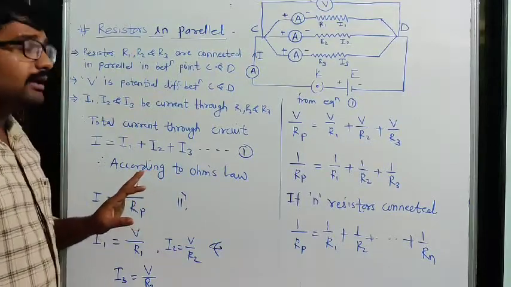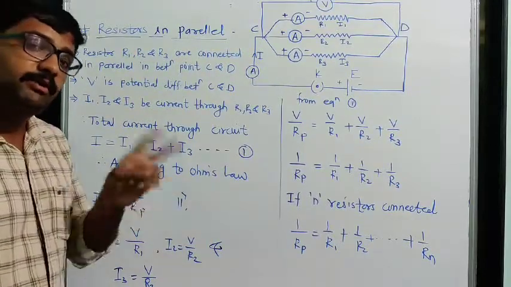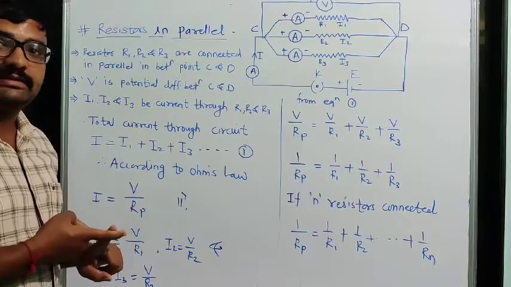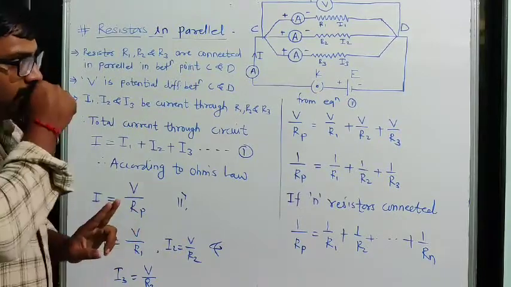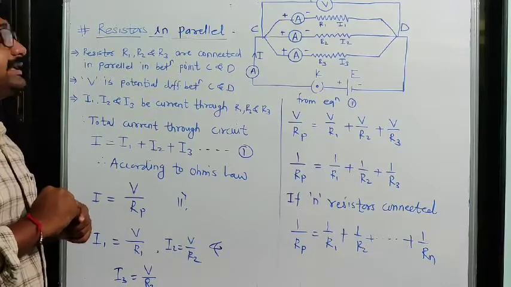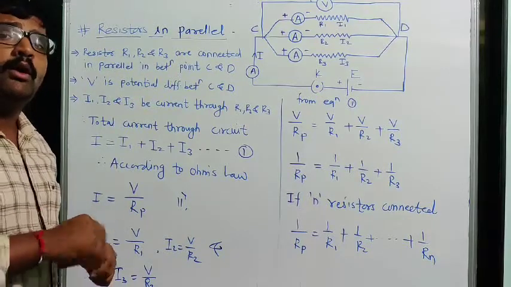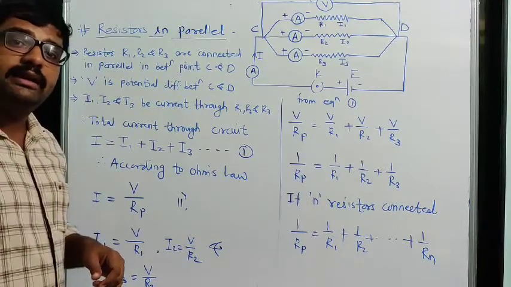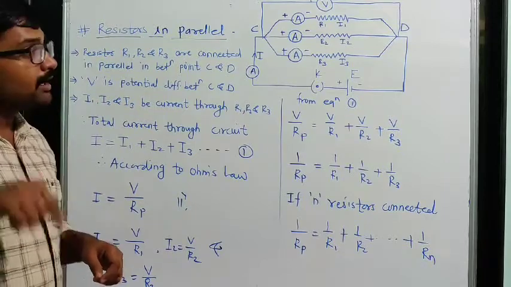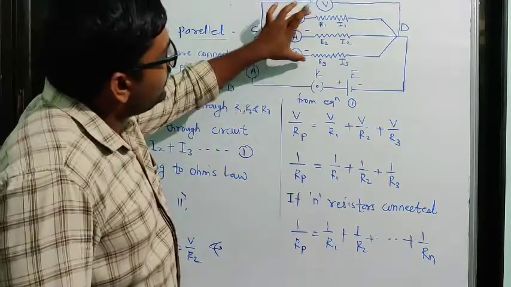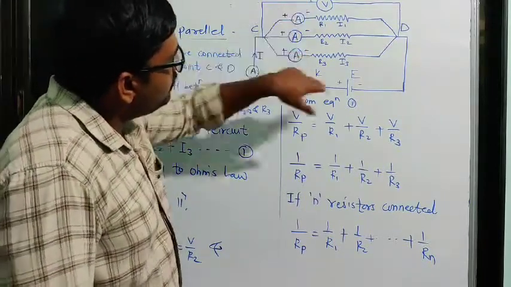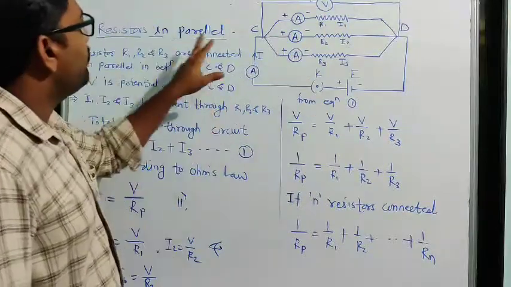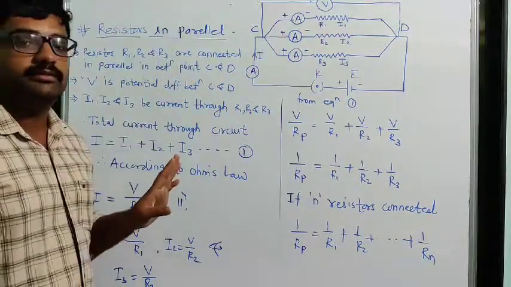Look, resistors we can connect in two ways: first is series and second is parallel. In a series connection, I already told you, all resistors are connected in one line. If resistors are connected in the other way, then this arrangement is called a parallel arrangement of resistors.